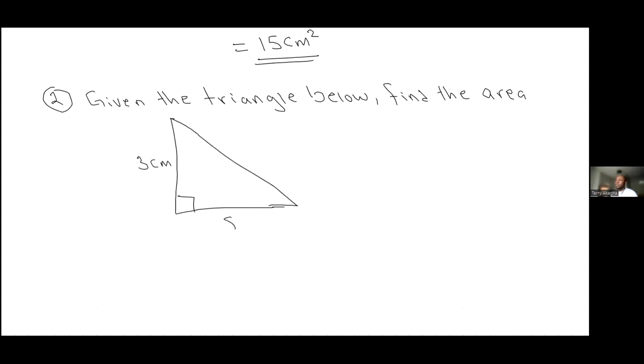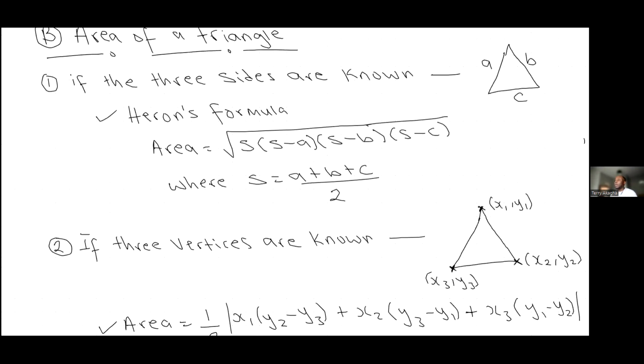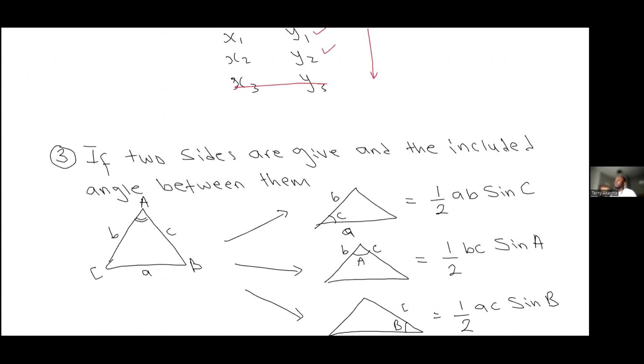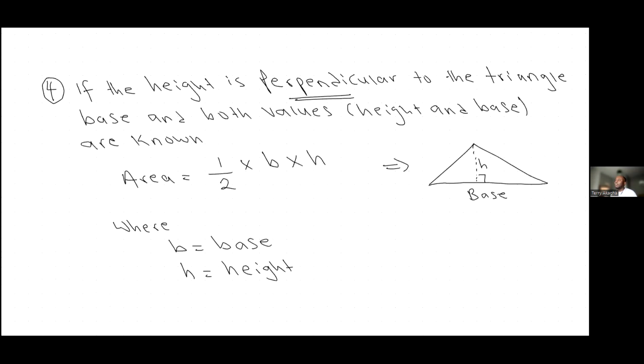Okay, so now you can see we have the height and the base. If you go back to the formula, I told you that if you have the vertical height or perpendicular height and the base, which is number 4, the area is going to be 1/2 times base times height.